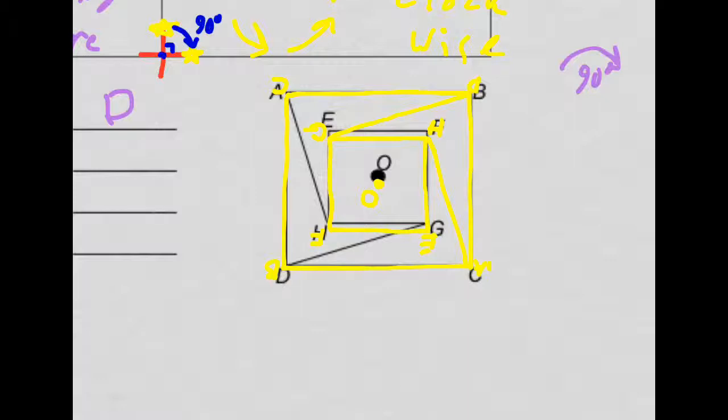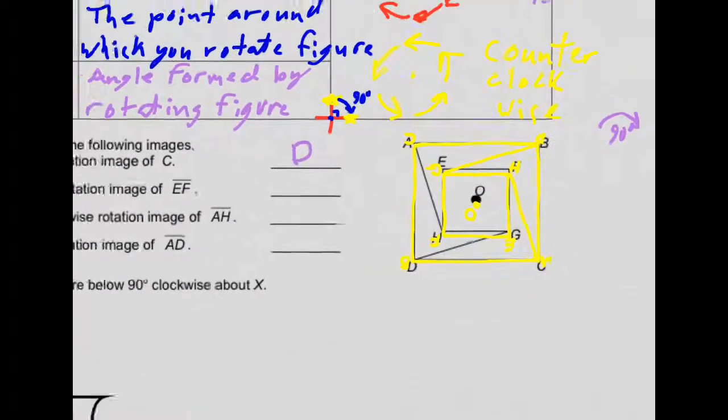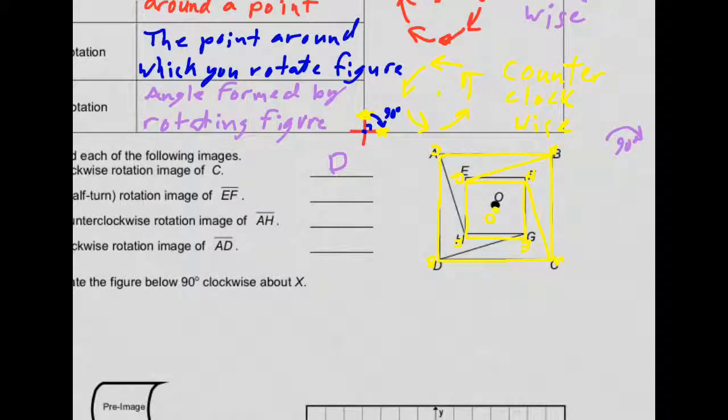So if they're asking about EF, then I have to start with G because that's in the same place as E. I want to tell whoever I'm talking to that my E is in the same place as G and my F is in the same place as H. So it's GH, not HG.